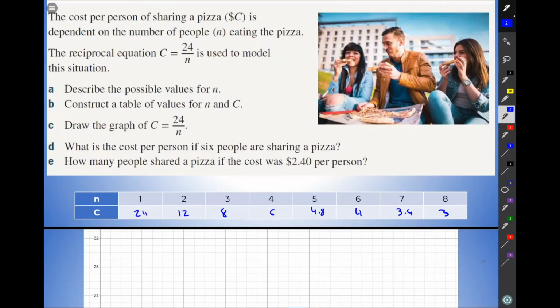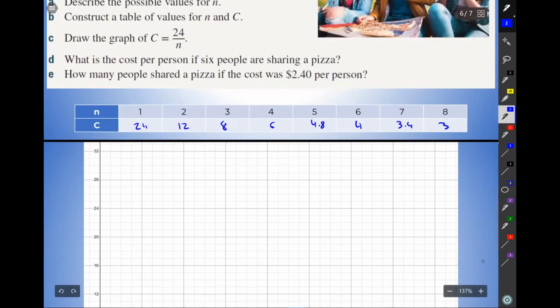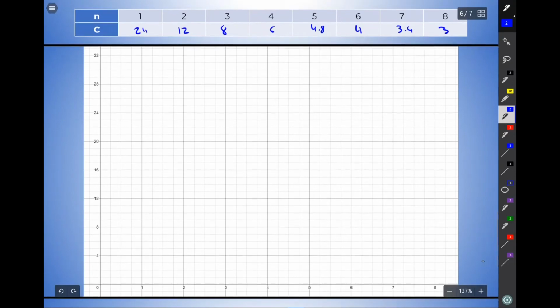And same as before, put our values down on our graph. And at 8, we are at 3. So now we just draw a curve.